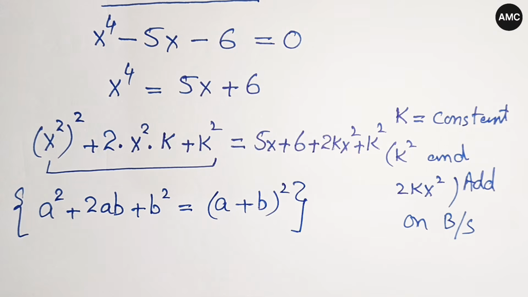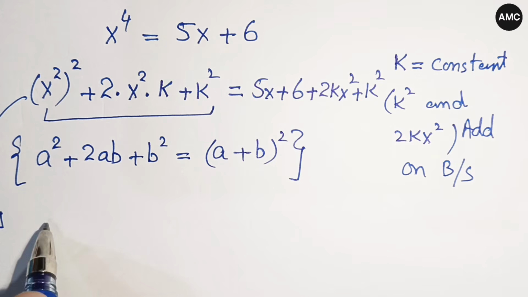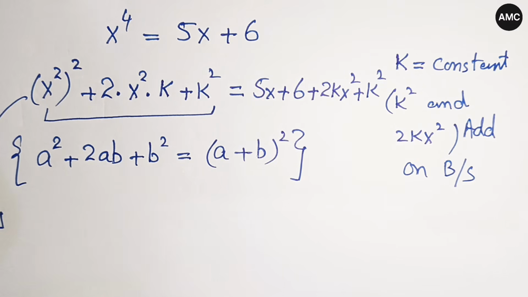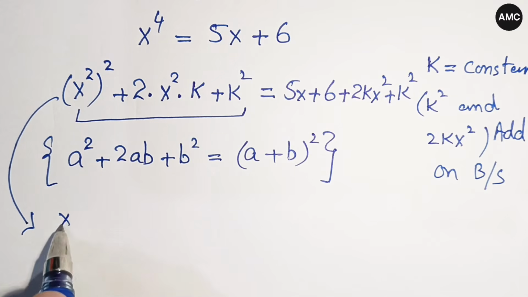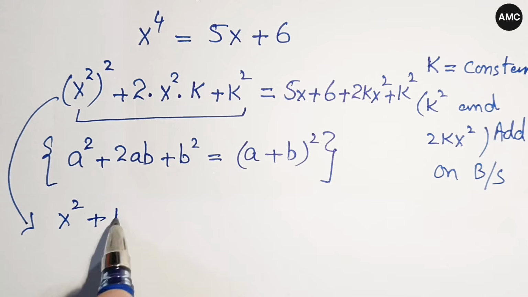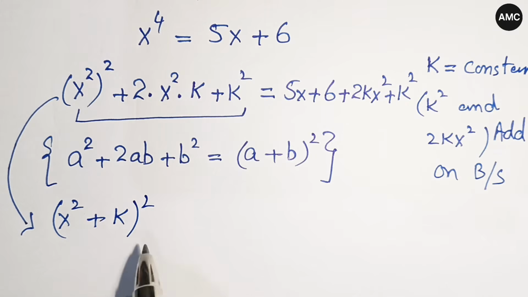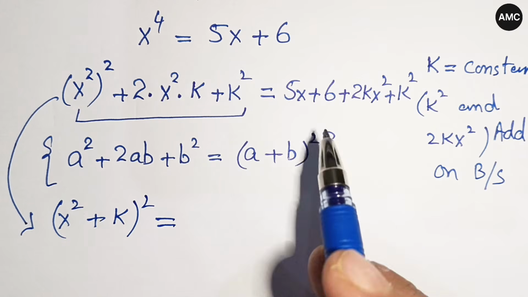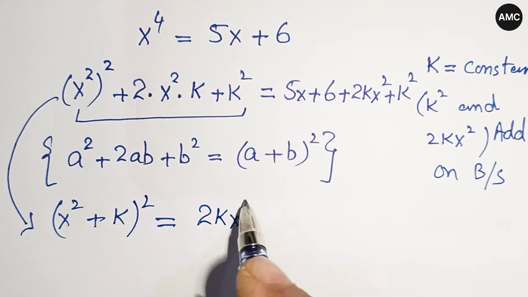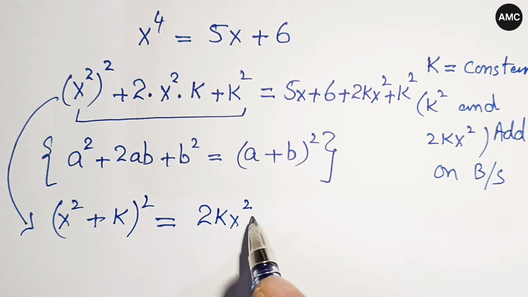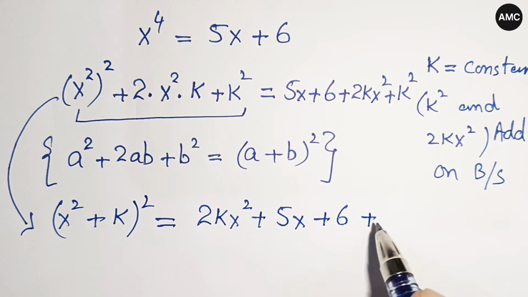So applying this formula here, then we get x squared, it is our value of a here, so x squared plus k whole squared, it is equal to, if we just write 2k x squared here and plus 5x plus 6 and plus k squared.